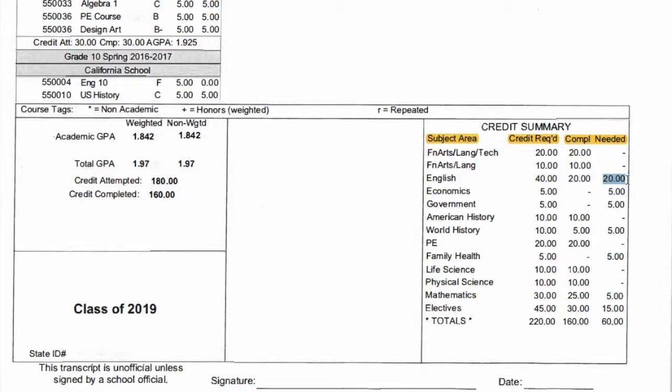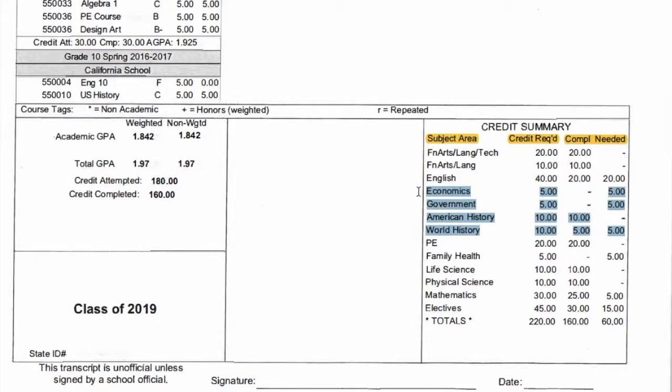It's kind of hard to take 2 years worth of English in 1 year. So the student may have to look into alternatives for catching up, maybe doing dual enrollment with city colleges in the area, taking some online courses, or ideally taking an English class over the summer before their senior year, if possible.